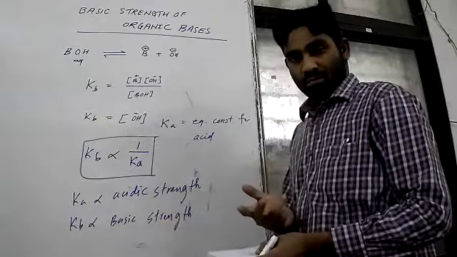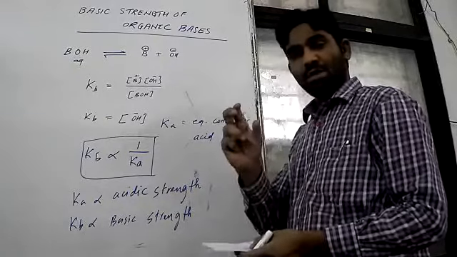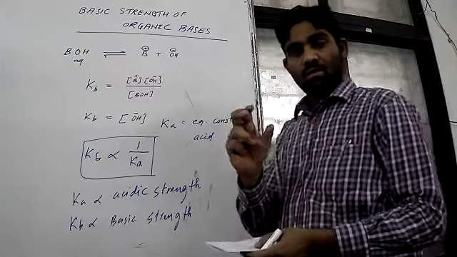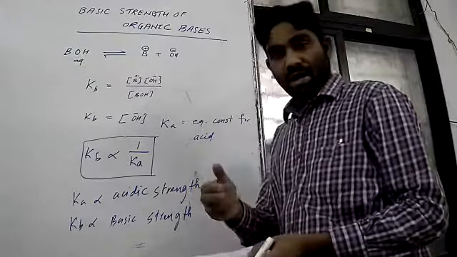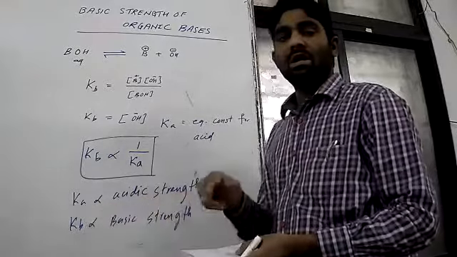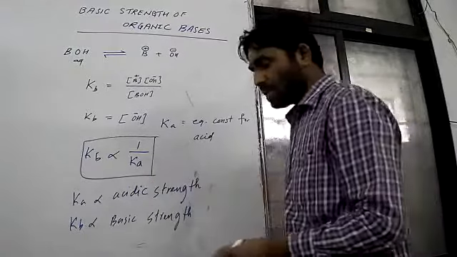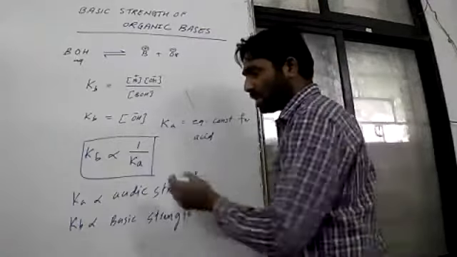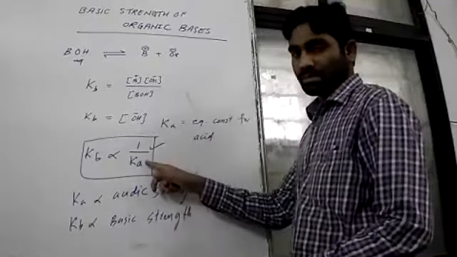So you should know these two relationships. For any compound in organic chemistry, we can identify its strength if Ka or Kb, any one of them, is given. This is the most important relationship.